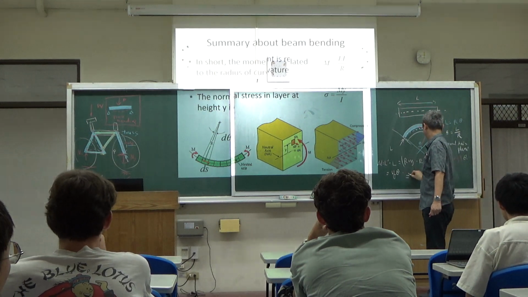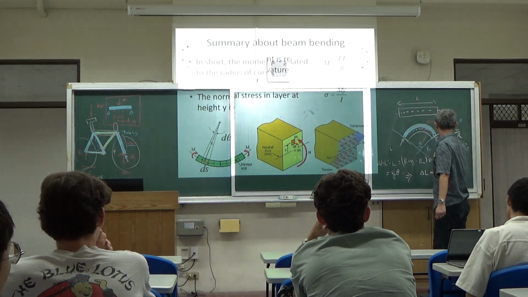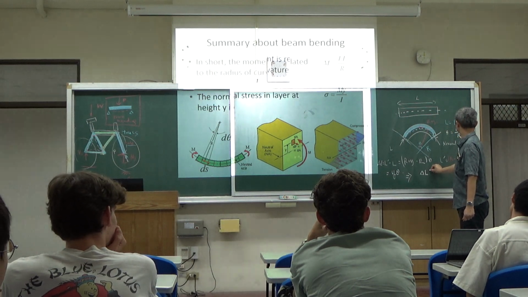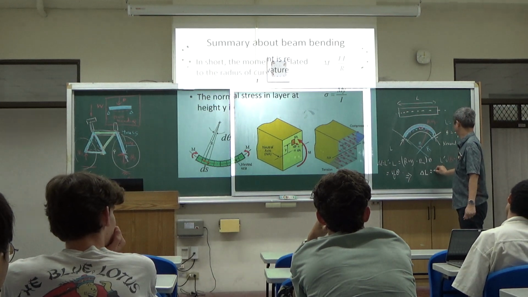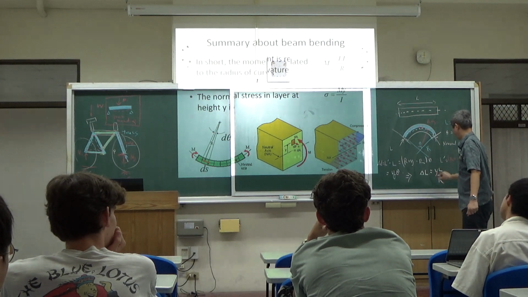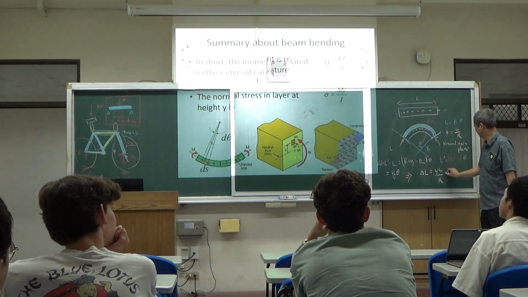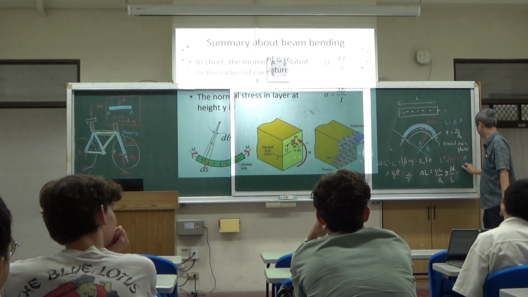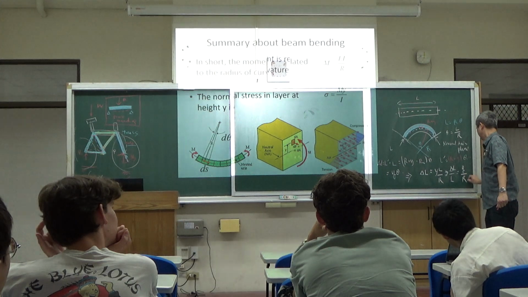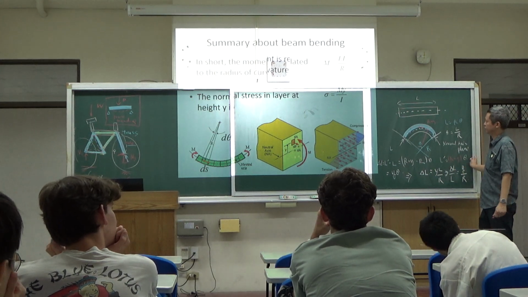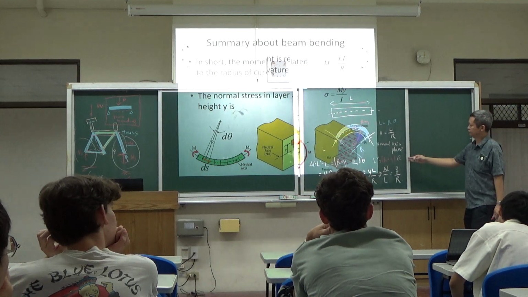So here delta L is equal to y L over r. If you now re-express it, the length change over the starting length is equal to y divided by the radius.